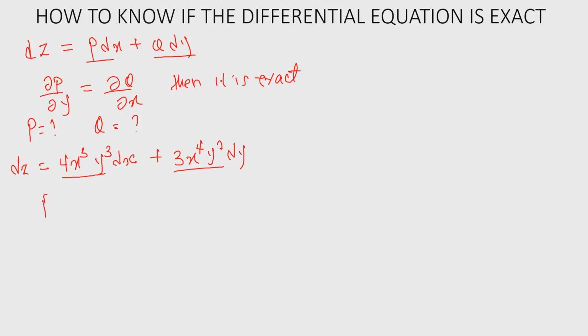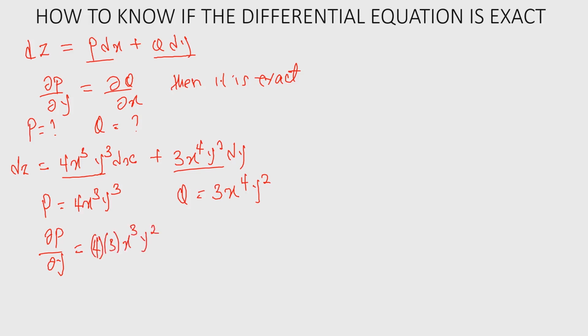So I will say that P is equal to 4x^3 y^3, and Q is equal to 3x^4 y^2. I'm differentiating P with respect to y, so what will I have? I'm going to have 4 times 3 x^3 y^2, and Q with respect to x, 3 times 4 x^3 y^2.